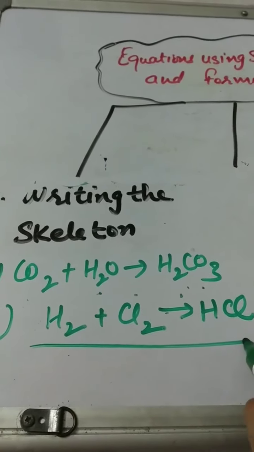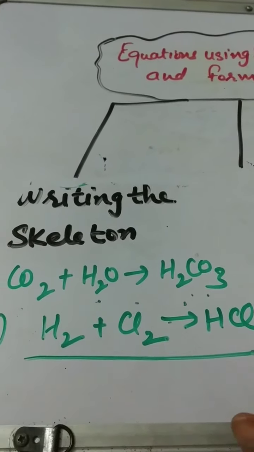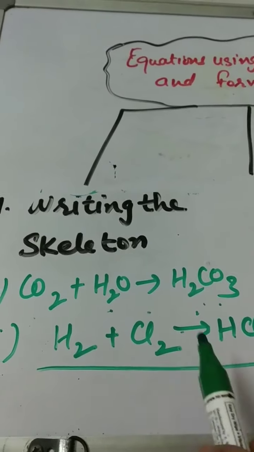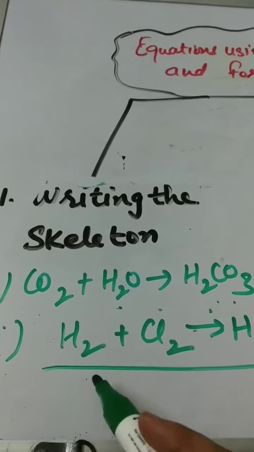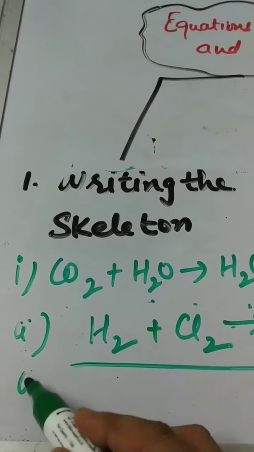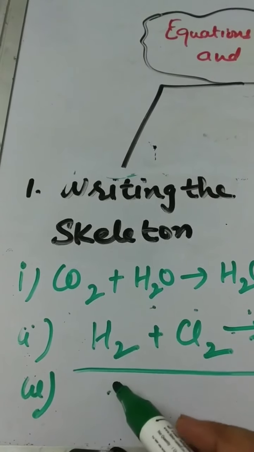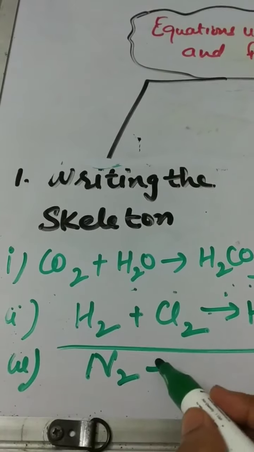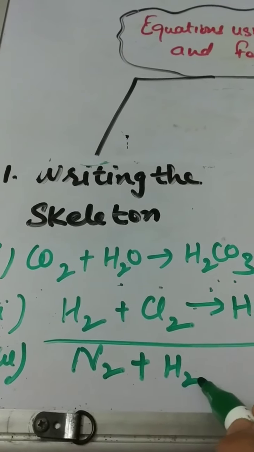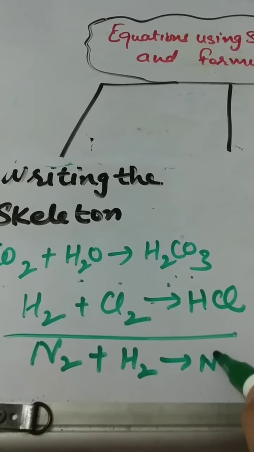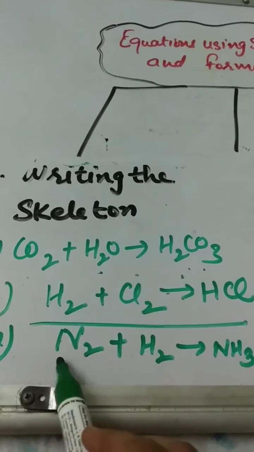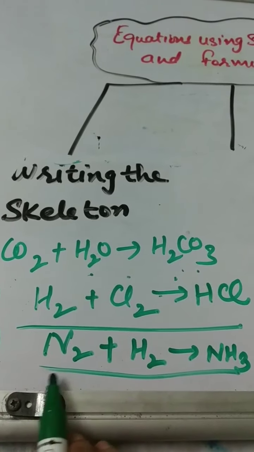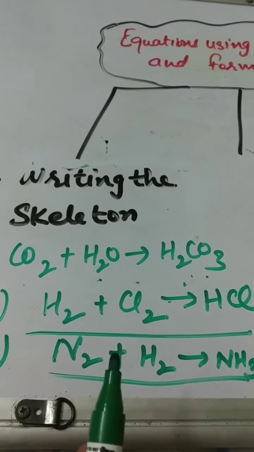And in this way we will write the skeleton equation by using symbols and formulae. Another example: under certain conditions, nitrogen reacts with hydrogen to form ammonia. And this is how we will write a skeleton equation for this reaction.